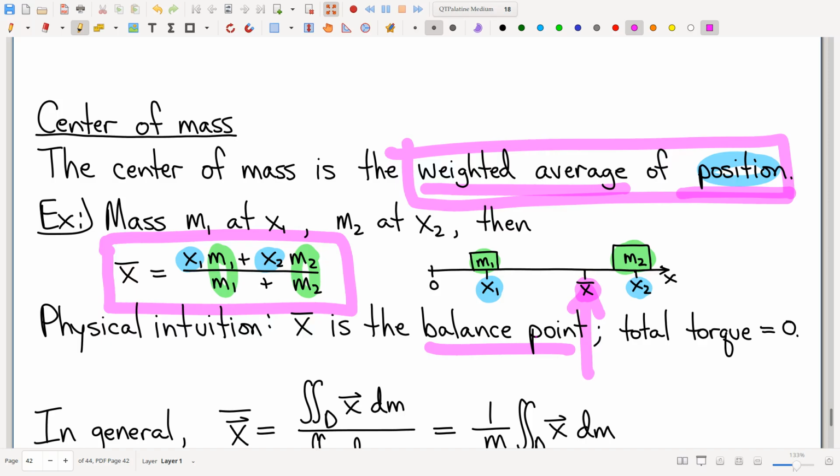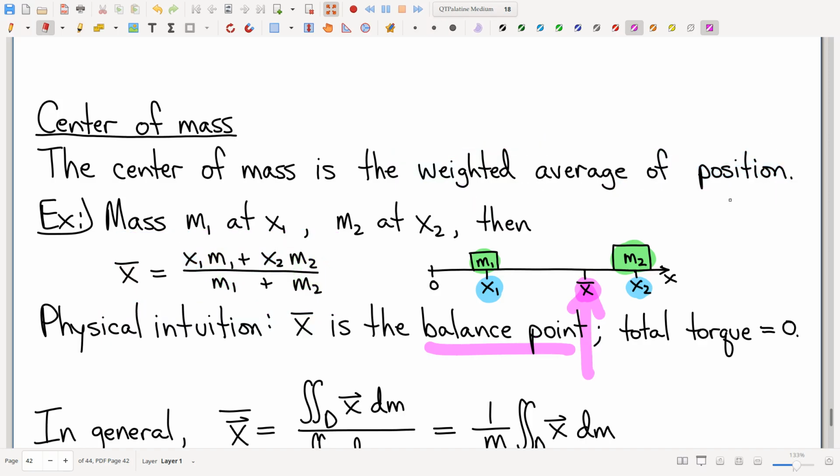So if you think about how much torque this first piece of mass would generate, well, it would make a torque, I'm going to say clockwise, because downward when you're on the right hand side is a clockwise sort of rotational force, right?